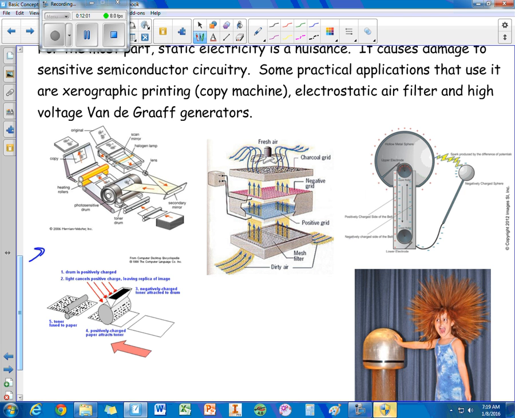Another use is for air filters. We can use static electricity to clean dust and particles out of the air. Another example would be a Van de Graaff machine, which is fun for doing demonstrations in the classroom. All right, that concludes video 1.